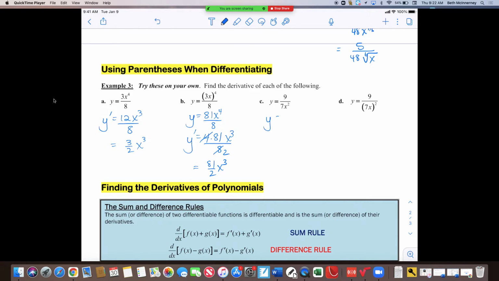In letter C, I need to rewrite this one. It's not in power rule form. It has to be x to a power. So now I can bring down the power. You can leave it like that or have negative 18 over 7x cubed.